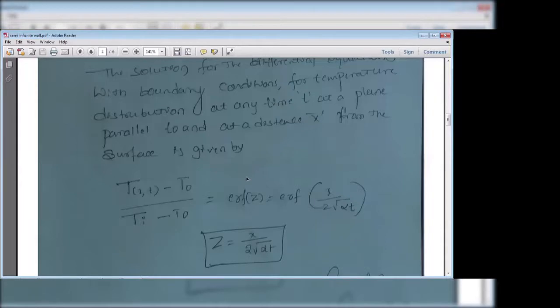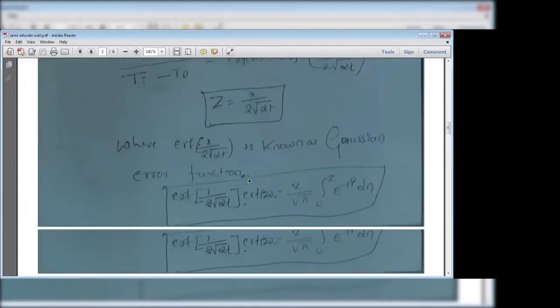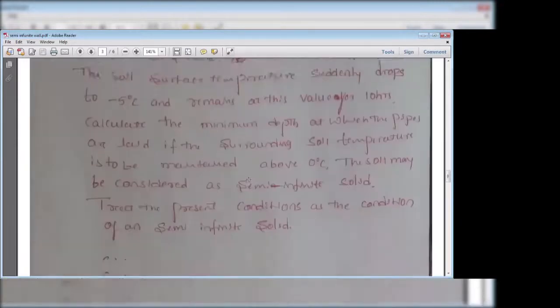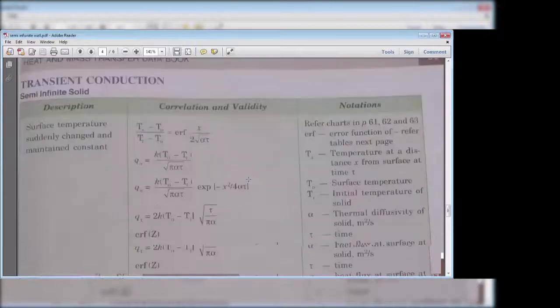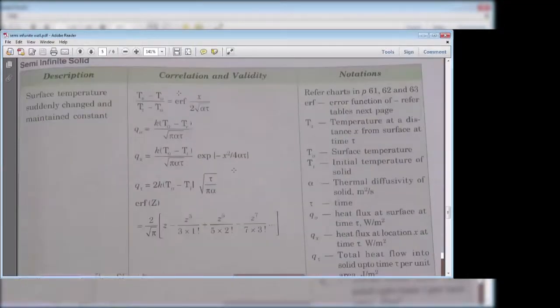This equation is also available in the data handbook, so I will show how it is given there. T of x minus T naught divided by Ti minus T naught equals erf of x divided by 2 root of alpha t, for a surface temperature suddenly changed and maintained at a constant.